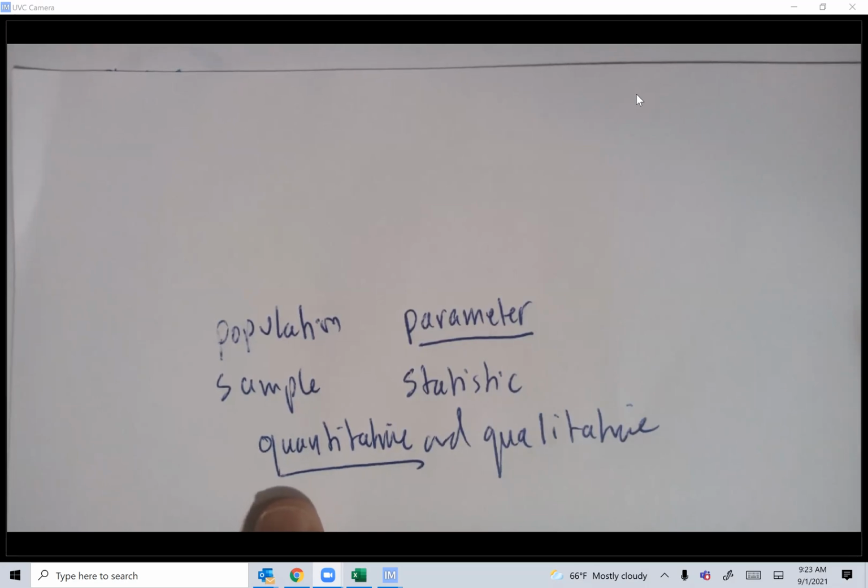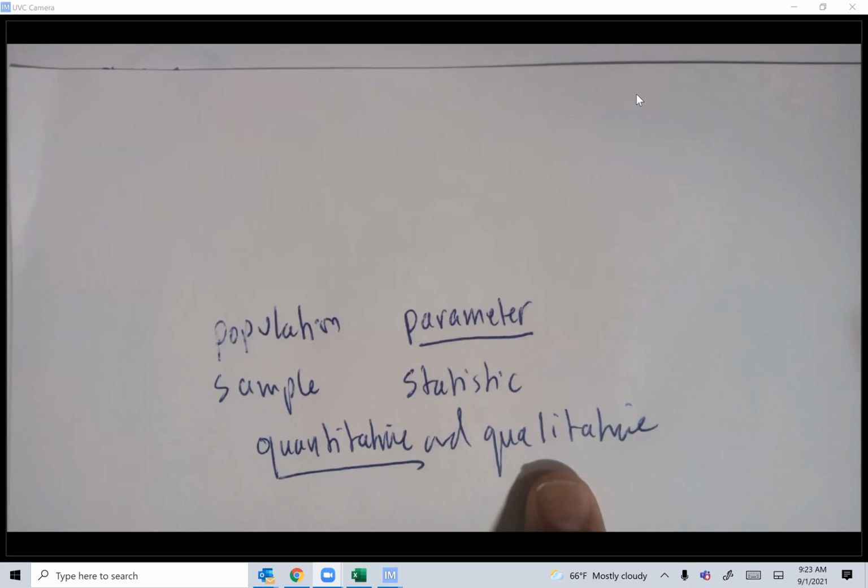An example of a qualitative, guys, would be your favorite color. Your social security number is qualitative. Driver license number is qualitative, although it's called a number, it's not an actual number that you can manipulate.